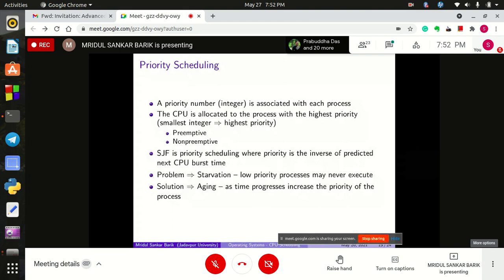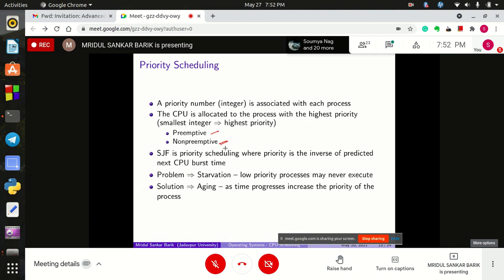In many systems, they consider priority as: the smaller the integer value, the higher the priority. So that means a process with priority value 0 has the highest priority. This sort of convention is followed in most Unix-like operating systems. This priority scheduling can be preemptive or non-preemptive.